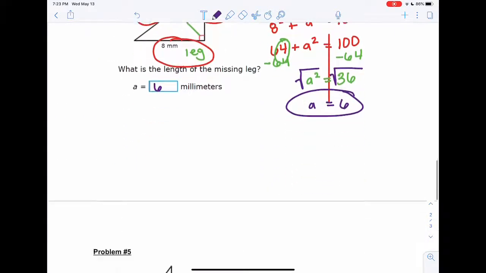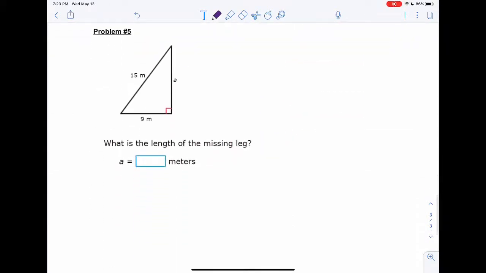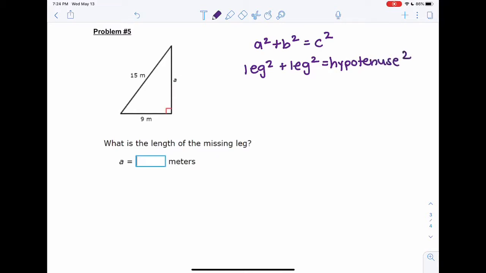All right, let's move on to the next problem. So once again, we're going to write our formula. A squared plus b squared equals c squared. Or leg squared plus leg squared equals hypotenuse squared. All right, let's label our parts. Across from my right angle is my hypotenuse.